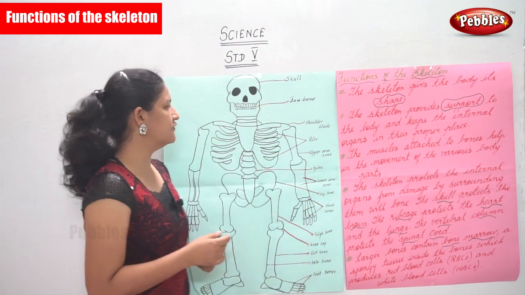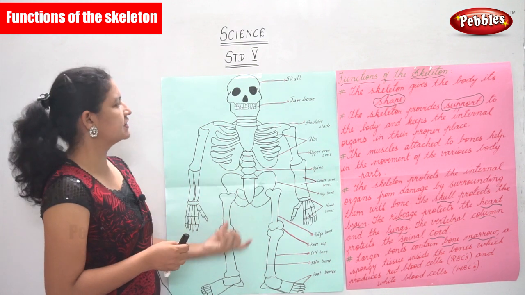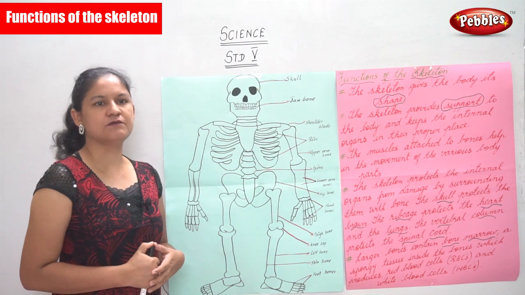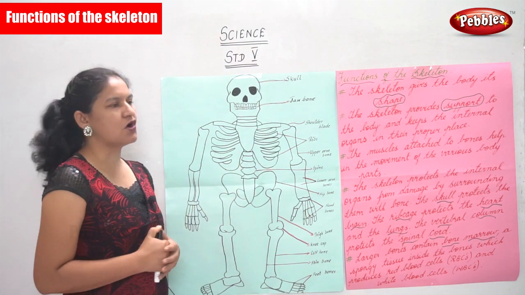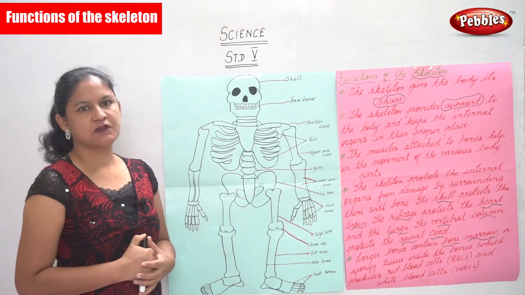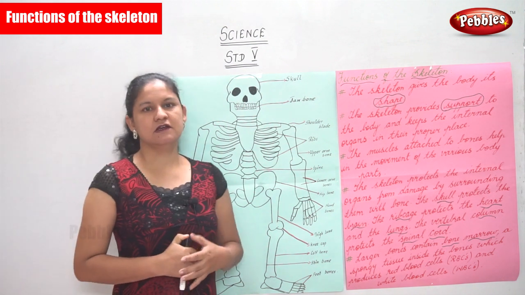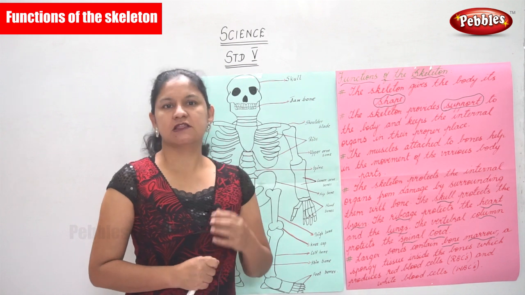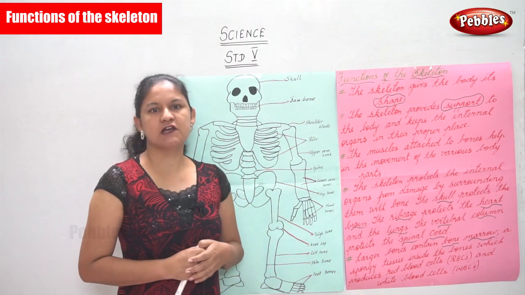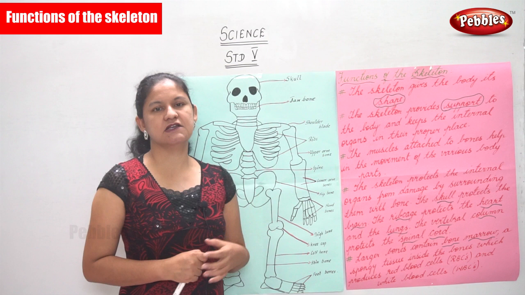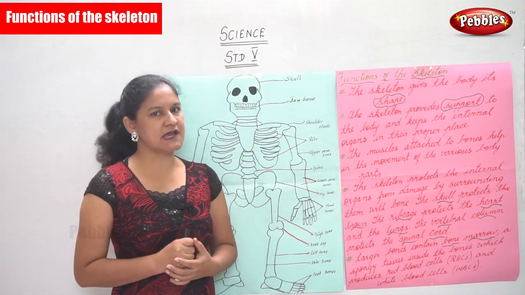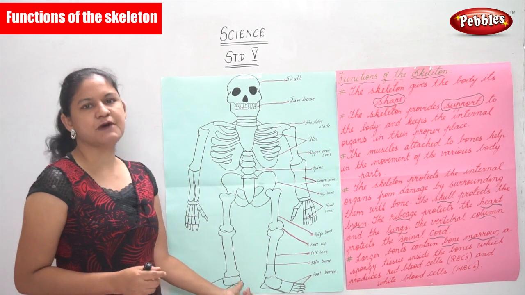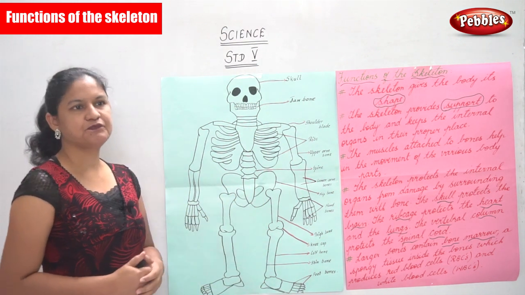So we have the picture of the skeleton drawn, and we are going to talk about the functions of the skeleton. The skeleton is covered with skin and flesh. This skin and flesh protects the internal organs from damage. So we are going to see the different parts of the skeleton.